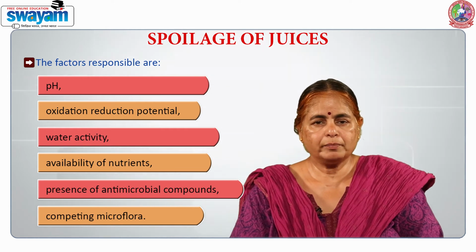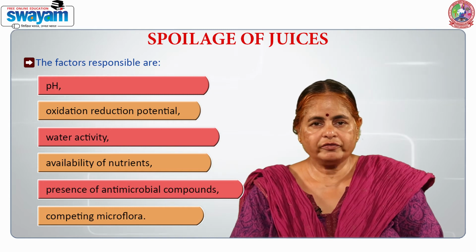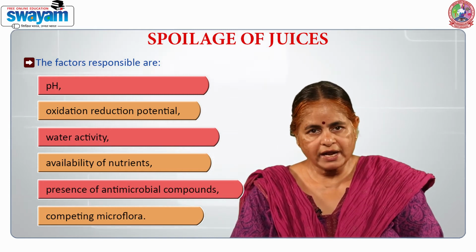These are the major factors which govern the rate of degradation and the growth of spoilage microorganisms in the juices.